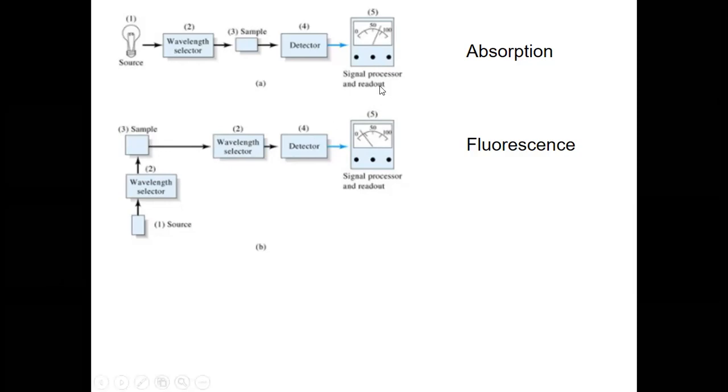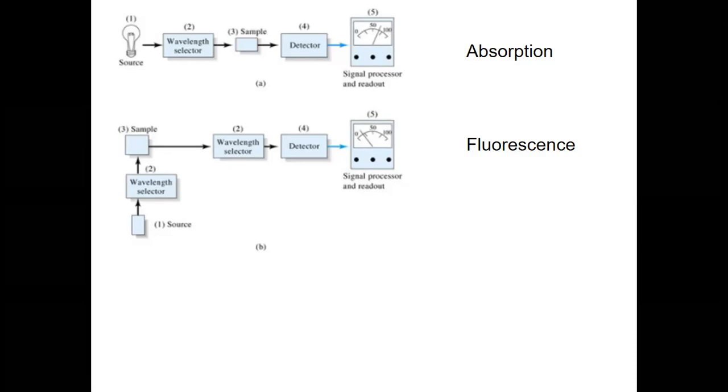In absorption spectroscopy, the sample cell is normally a cuvette. I'm pretty sure you have seen the quartz cell or the glass cell; both are fine. Quartz is for the UV. We cannot measure UV from a glass cell.